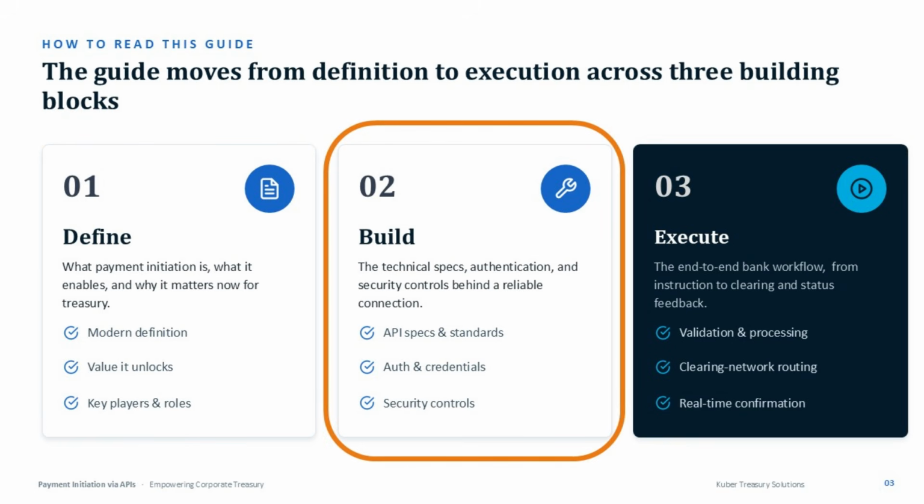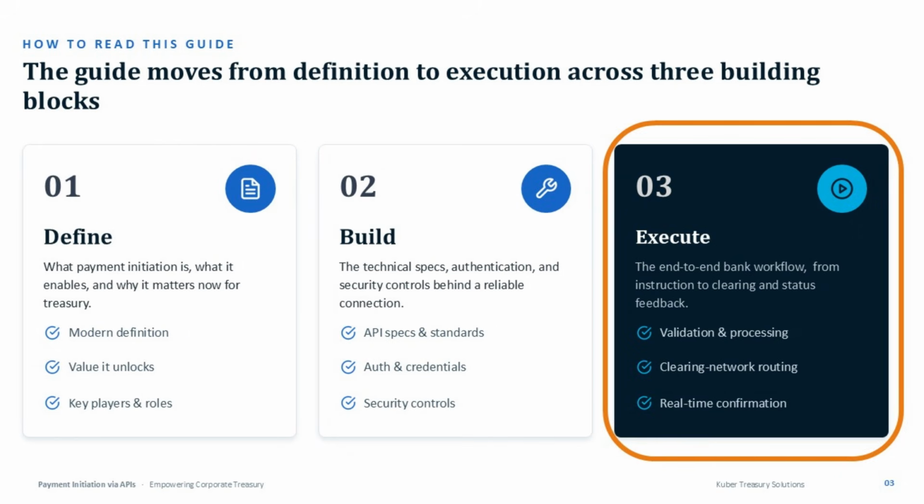Second is build. This is where we look at what is needed to create a secure connection between the company and the bank. Things like API rules, security, credentials, and system setup belong here.